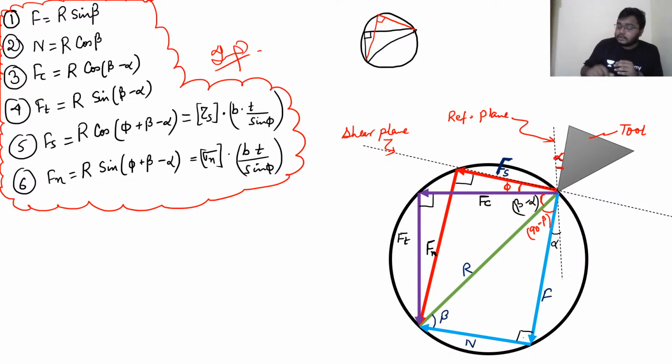At the earlier part of the class I have told you, if you still have the problem, please see that lecture again, and your confusion will be clear. Now see, this equation is very very important. Clear?